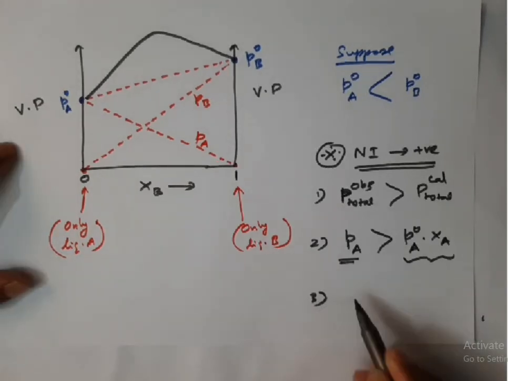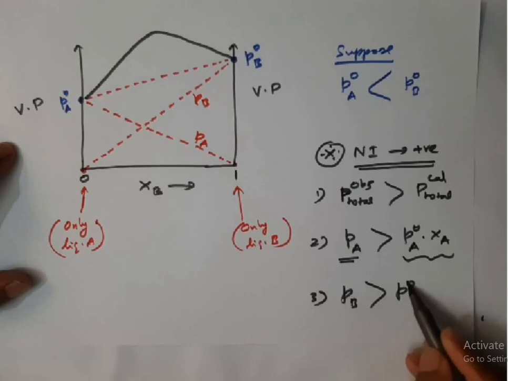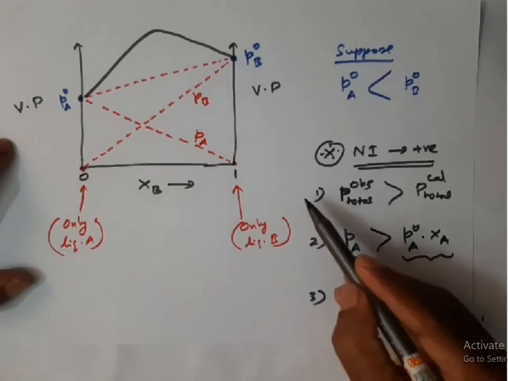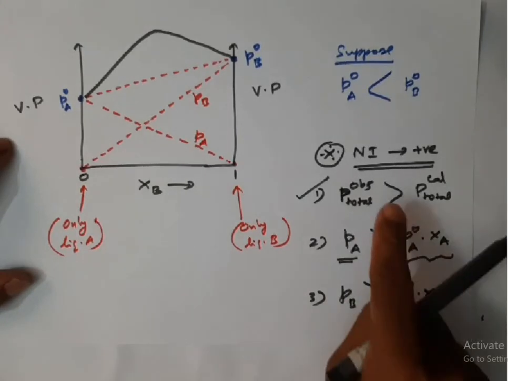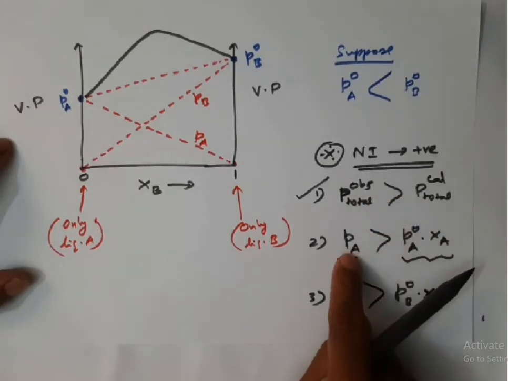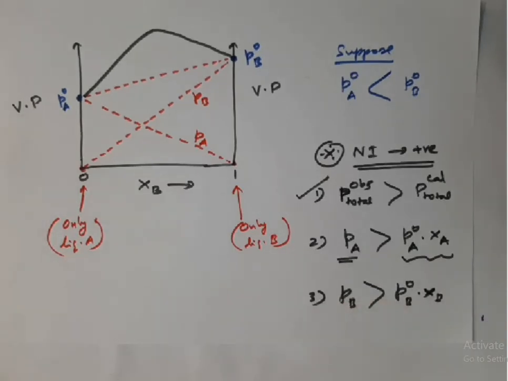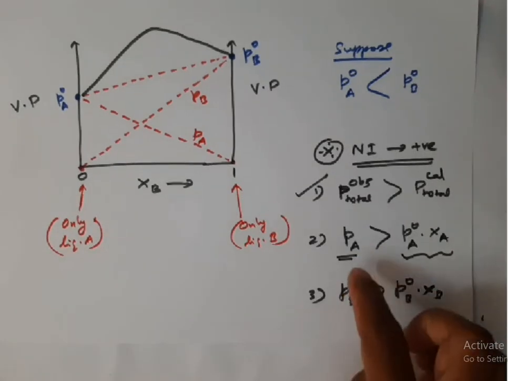Similarly, partial pressure of B is also greater than P naught B into XB. Okay, not only this, that's the point I'd like to say. Even partial pressure of A is greater than this, partial pressure of B is greater than this, because the solution shows positive deviation, right? In solution showing positive deviation, these values are greater than that.